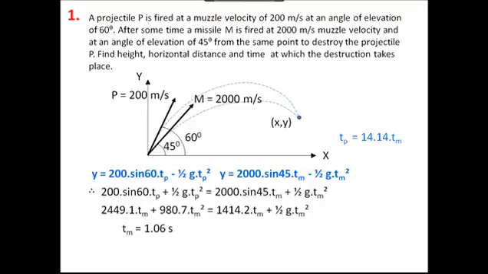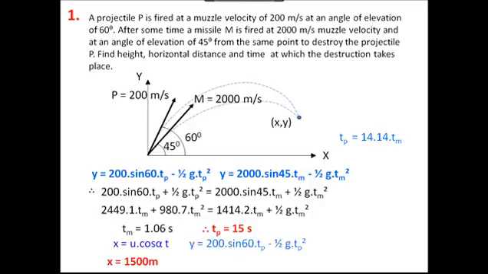And once we know Tm, we can find Tp also. So we know Tp is 15 seconds. Now, x is easy to work out. x is u cos alpha t for the projectile. So you work out x, either use u and t for the missile or for the projectile, and you will get in both cases the same value, which will be 1500.